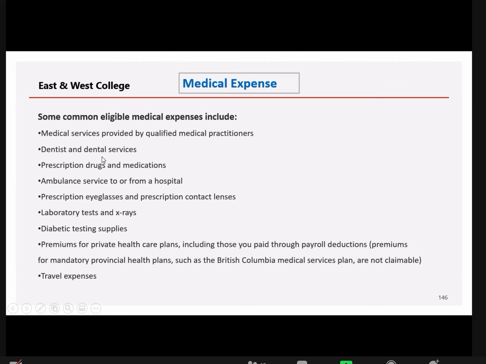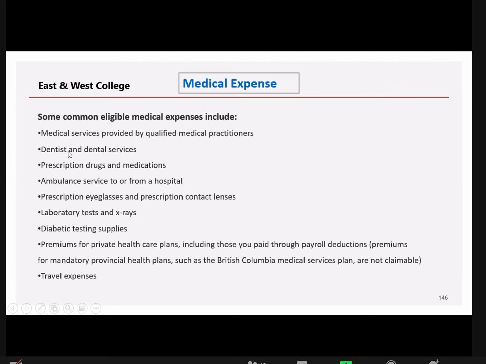So anything you pay the dentist, and dental service, is all qualified. Then prescription drug and medication. Everybody pay attention to prescription.